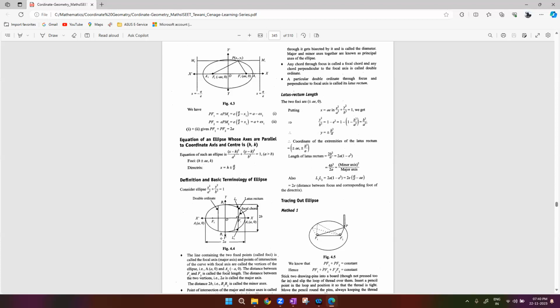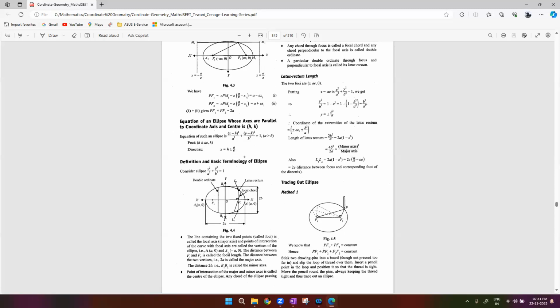But the latus rectum is that double ordinate which passes through the focus. So the latus rectum is that perpendicular line on the axis which passes through the focus, and we can find out the length of the latus rectum.